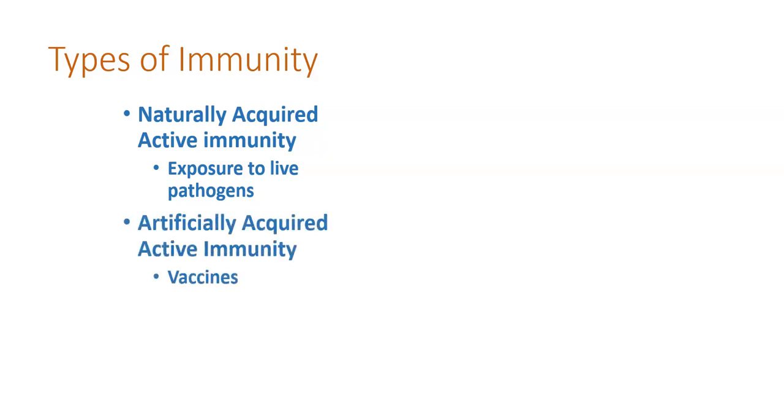The next type is artificial active immunity. Artificial means it involves a needle, and active means you end up with memory cells. So vaccines are examples of artificial active. Here's the key to a good vaccine. They're going to give you an inactive piece of a virus, the DNA of the virus, the RNA of the virus, and they're going to inject that in a vaccine.